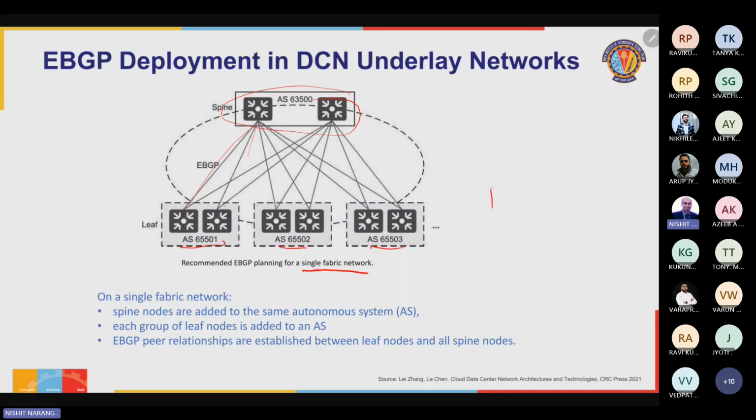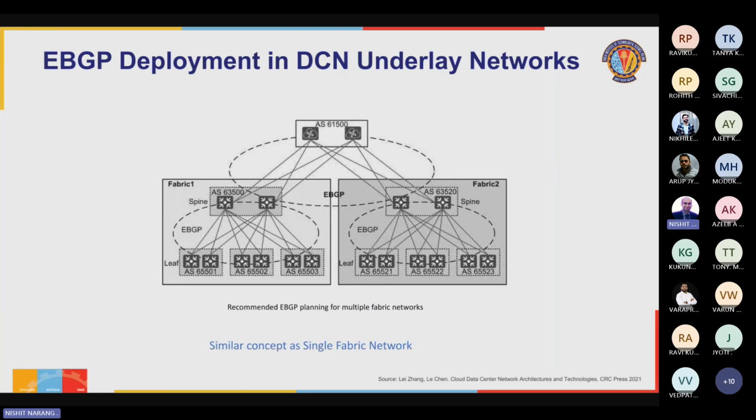They are exchanging prefixes, but aggregated prefixes and only exchanging path information. I have reachability to this prefix, it goes via this autonomous system. It's a large size network, it's easy to use BGP because it will, as we know, scale way better.